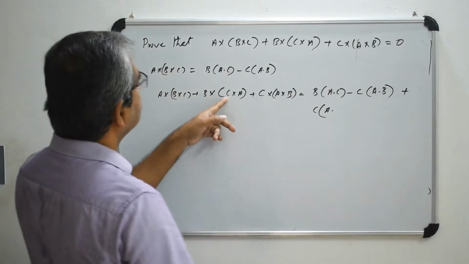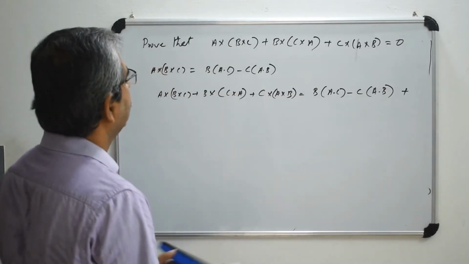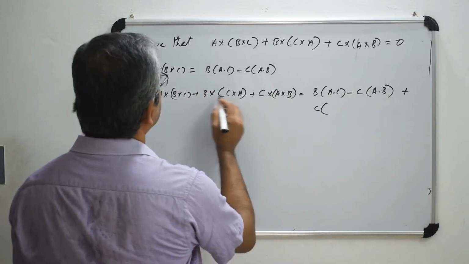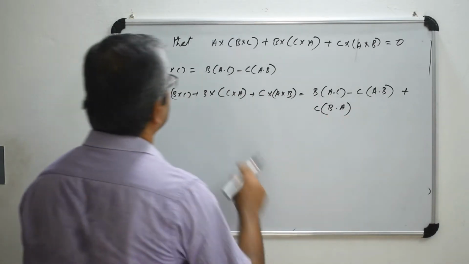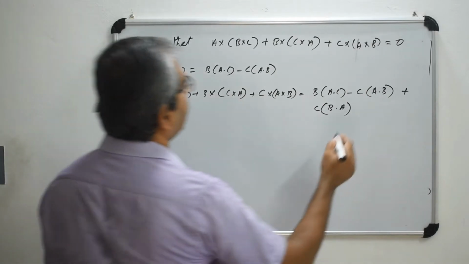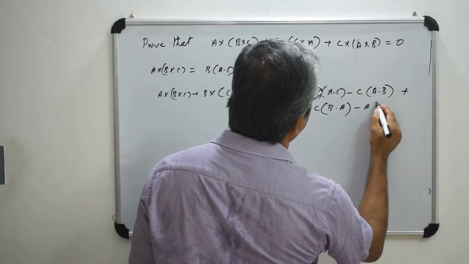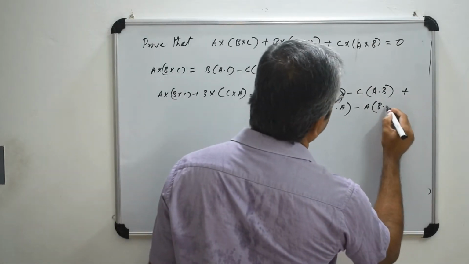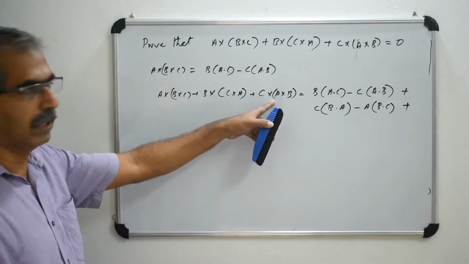Okay, then we are using it, so this will be C into B dot A, isn't it? C into B dot A minus A into B dot C, plus, and what about the third term?